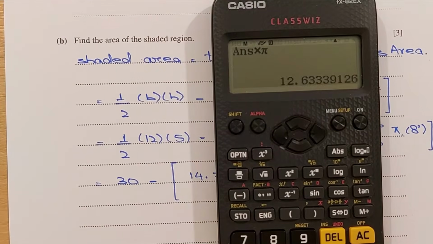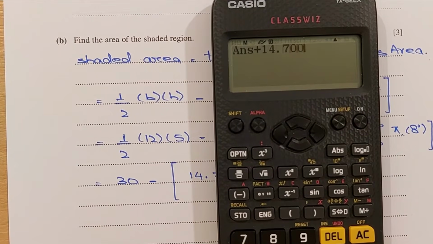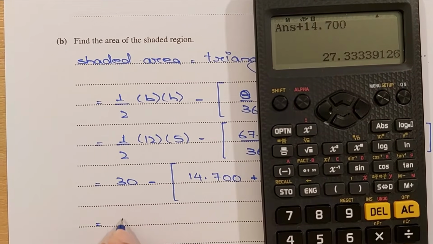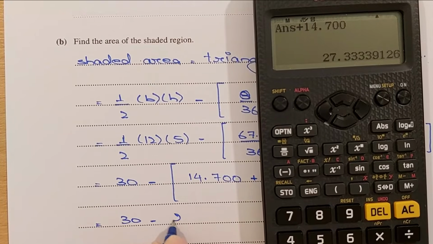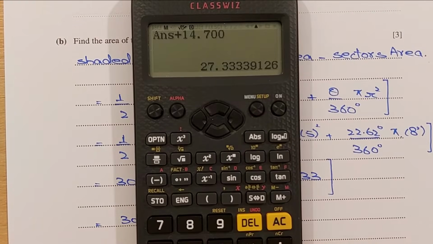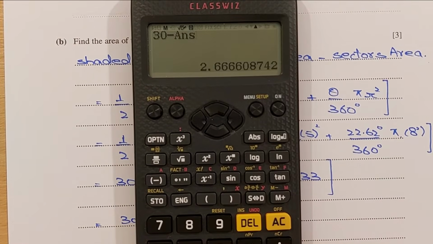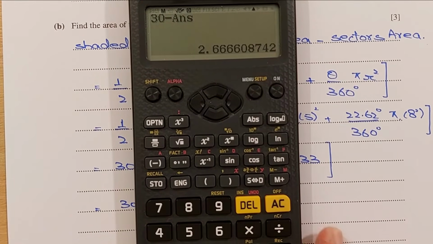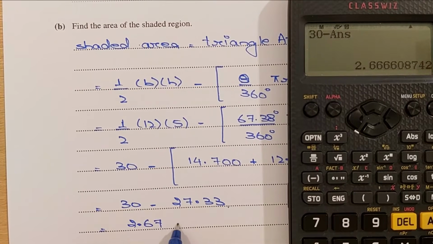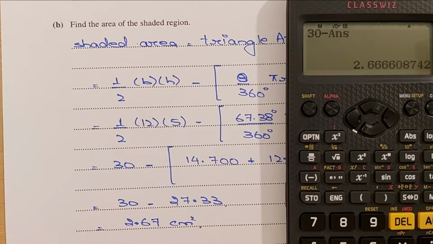Right, and add 14.700. Okay, so from here 30 subtract 27.33. 30 subtract answer, 2.666, so 2.67. 2.67 centimeters squared is the shaded area.